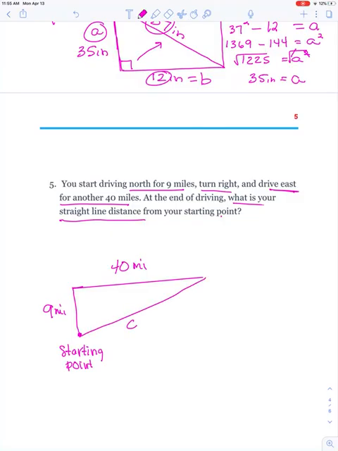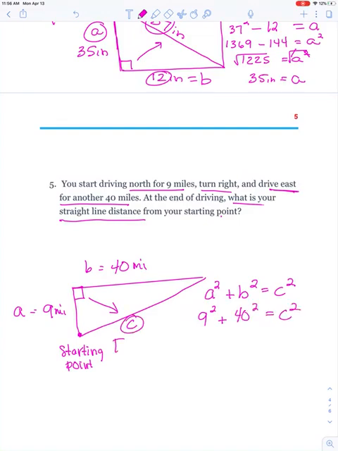So what is my straight line distance? And I know it's going to be C, because here's my right angle. There's my hypotenuse, which means I have A and B. Okay? So a squared plus b squared equals c squared. My a is 9, so square that. My b is 40, square that. And I'm going to search for my c squared.